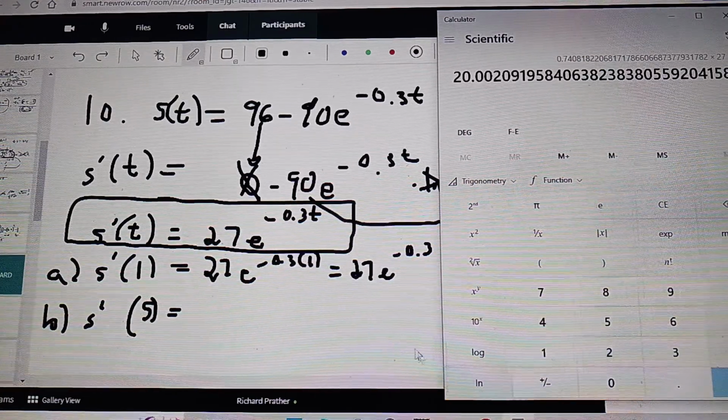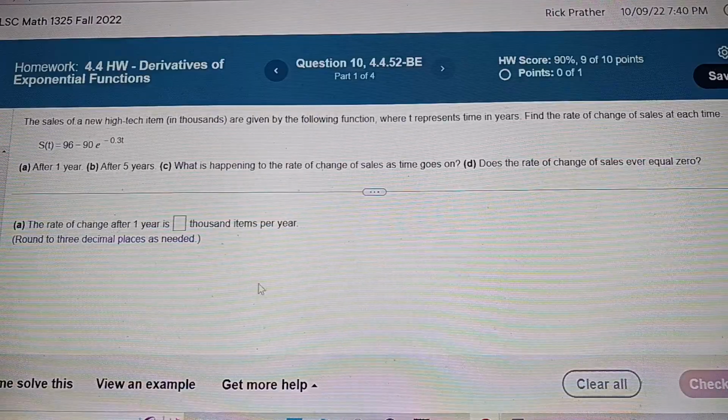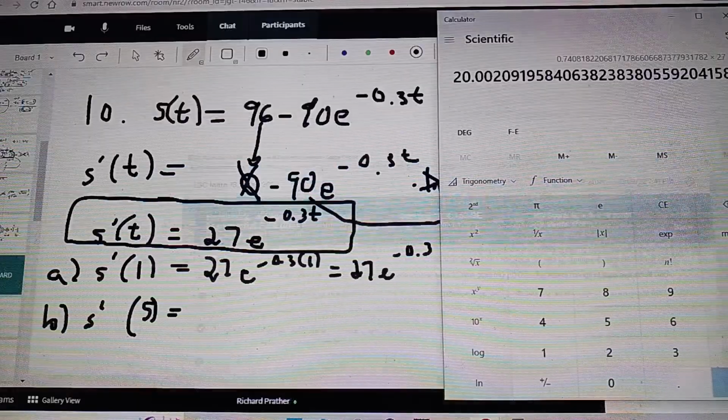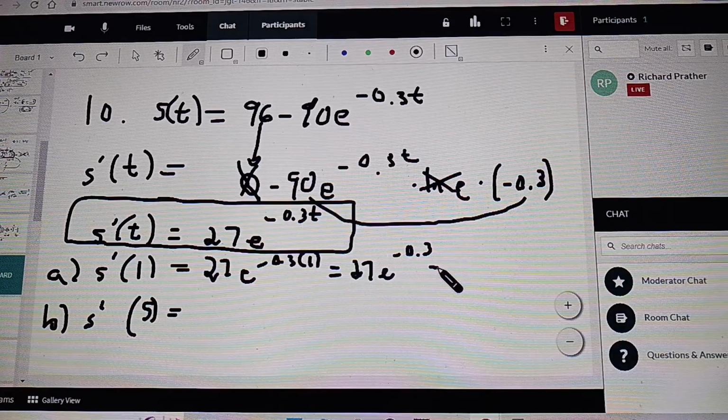If you do it in a graphing calculator, you would actually type it just like you'd read it out loud. 27e to the negative 0.3. I could show you that in a second. So how many decimals do they want? 3 decimals. And the fourth decimal is a 0, so we don't need to add one. 20.002.